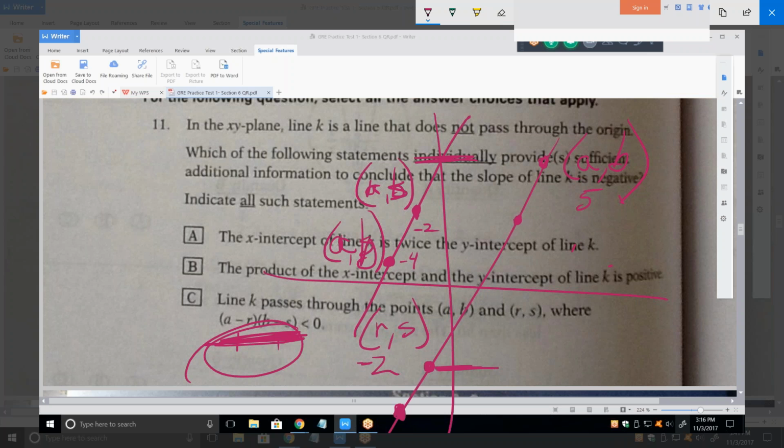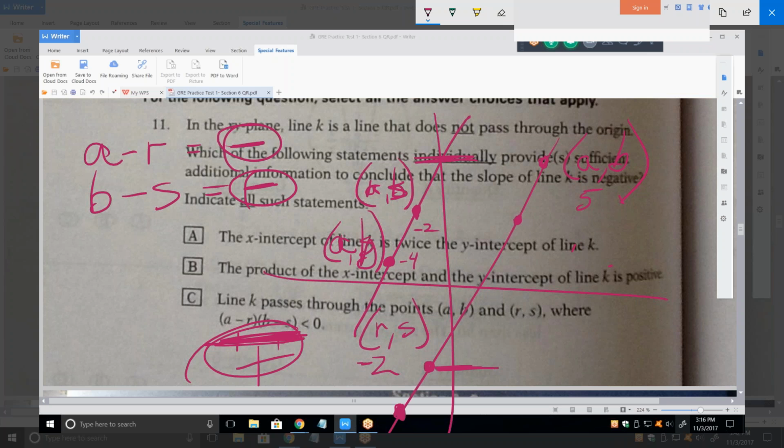Regardless of which one is above the other or where they're at relative to one another. In other words, if you did the math here, you would get A minus R has to be negative, and B minus S would also be negative. Negative times a negative is a positive. I still get a positive.